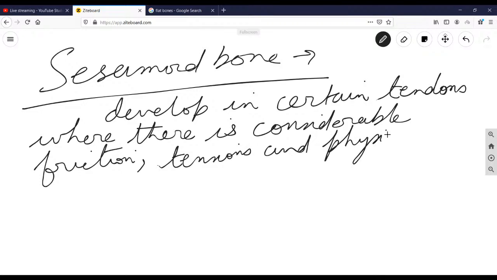The palms and soles have the highest amount, mostly the soles, the heel bone and all. So there you have the Achilles tendon. So they have the maximum physical stress.